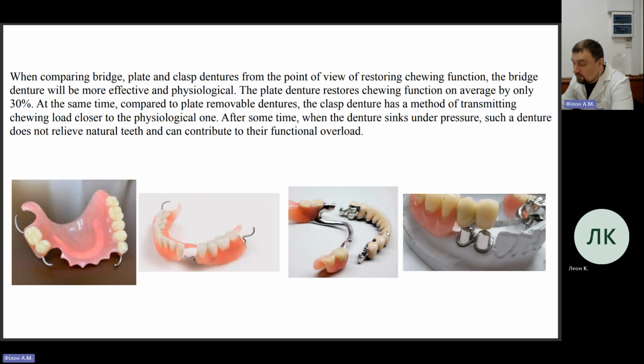And if you want to use the teeth for such prosthetics, you have to be sure about them. They should be absolutely healthy teeth without any moving, without any inflammation, any recession, and you have to be sure they are not going to be broken in the future.